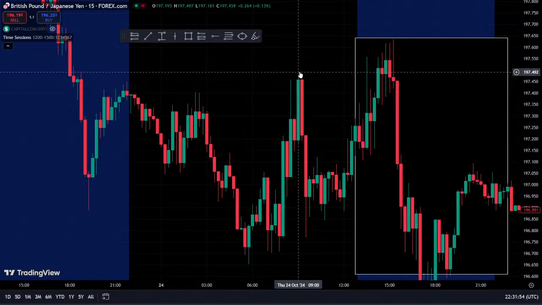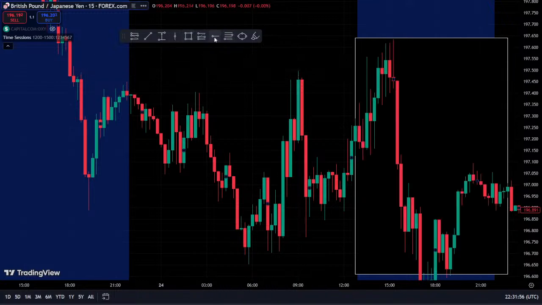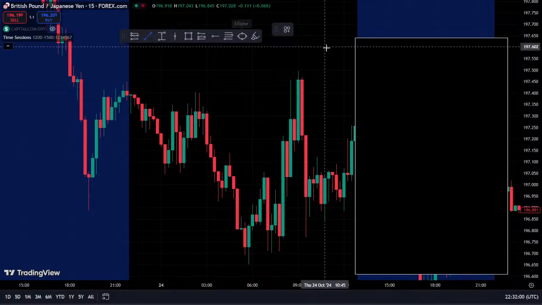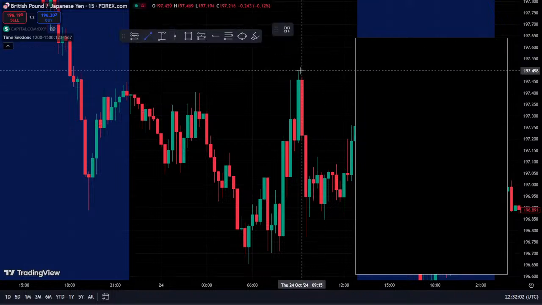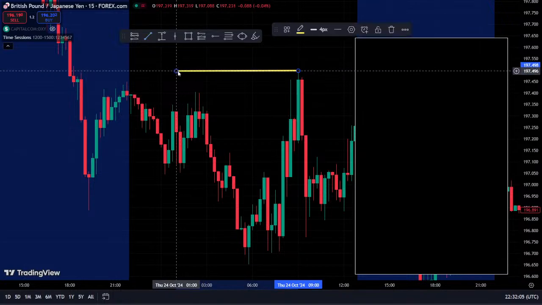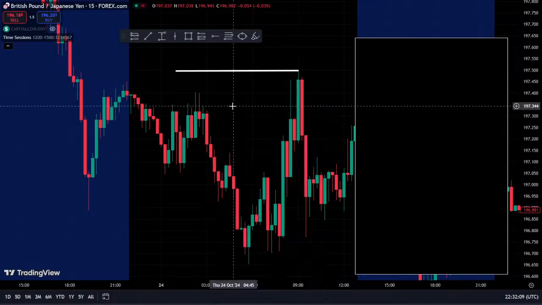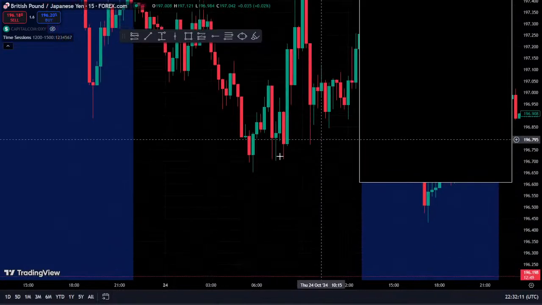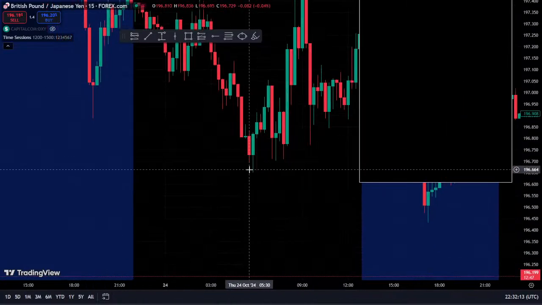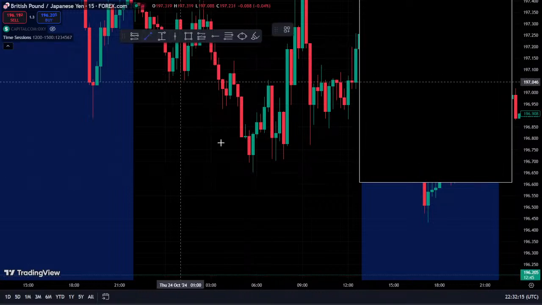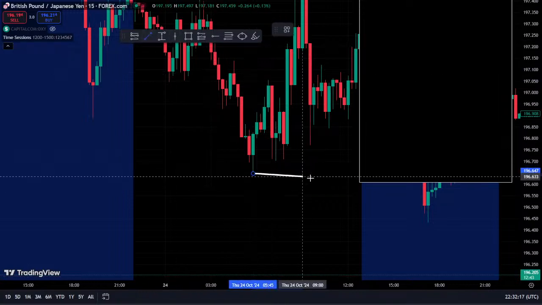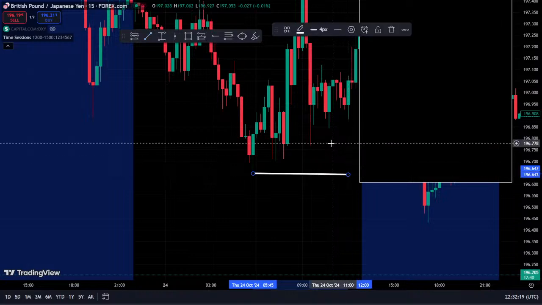So far, we've got highs right here. Let's mark them. Change it to white. And so far, lows are right here. This is the low, the most prominent and the most recent, I guess.